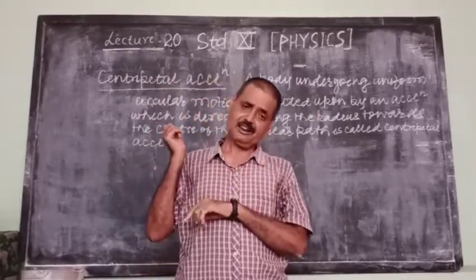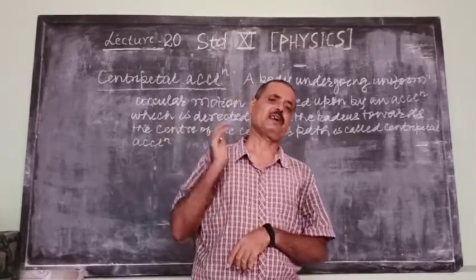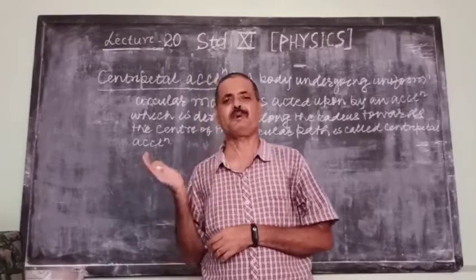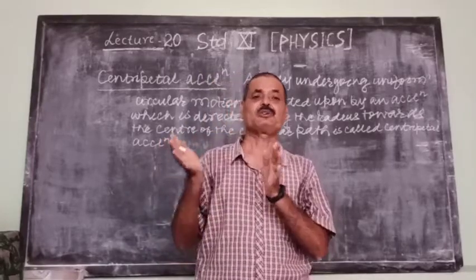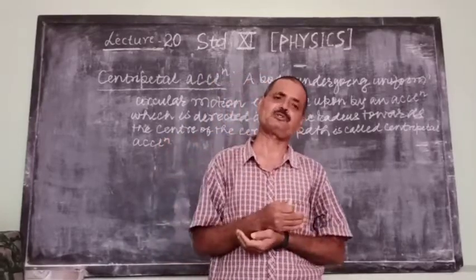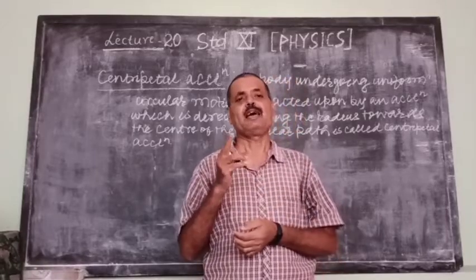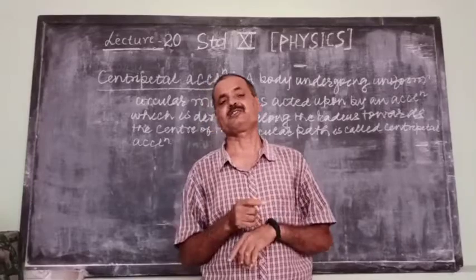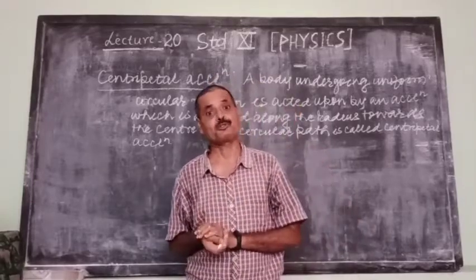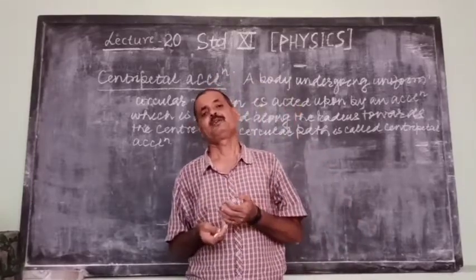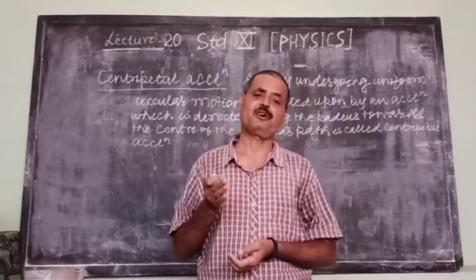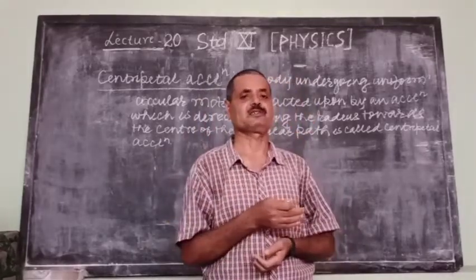The centripetal acceleration will be v square by r, so the centripetal force will be m into v square by r. So first of all, I am going to calculate an expression for centripetal acceleration.